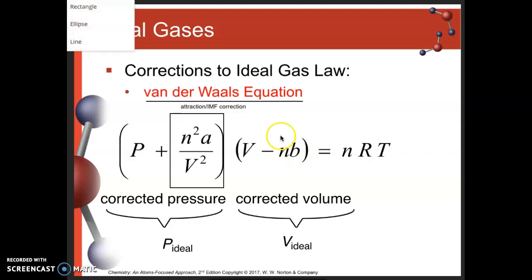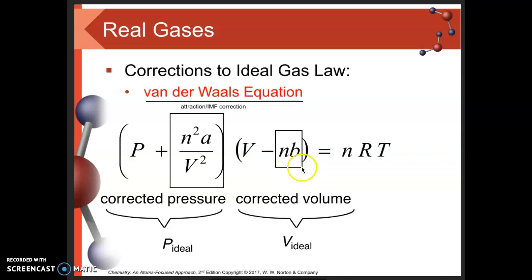And then this correction here is everything about the volume, the size correction. So the van der Waals equation allows us to account for those two things. And the values of A and B are unique to every single molecule. Every molecule has its own values of A and B, these van der Waals constants.